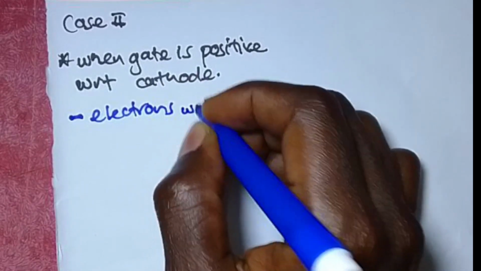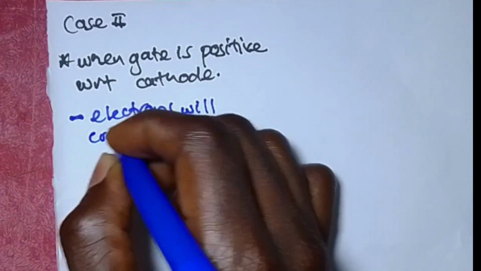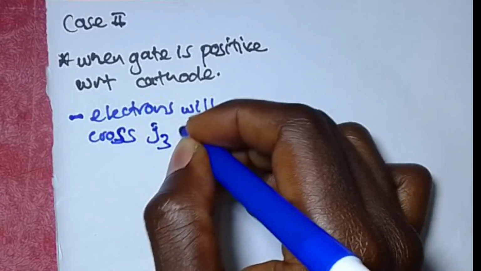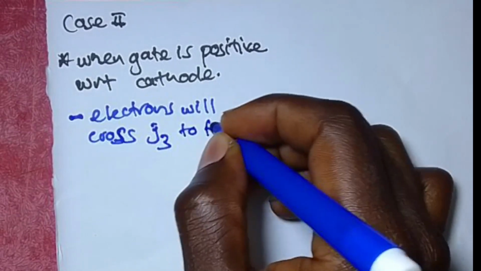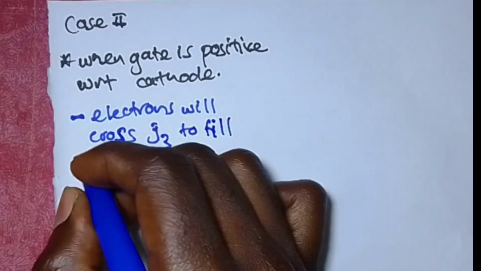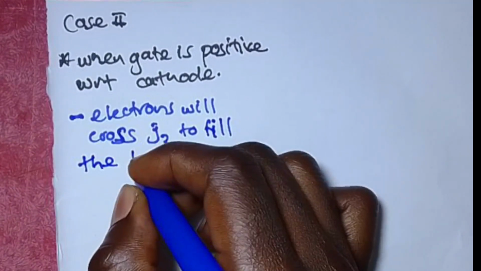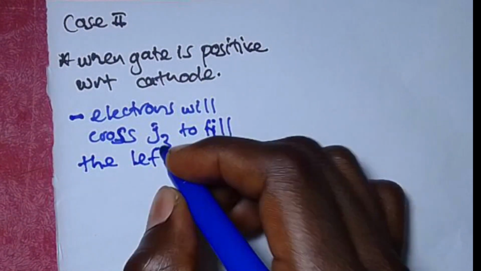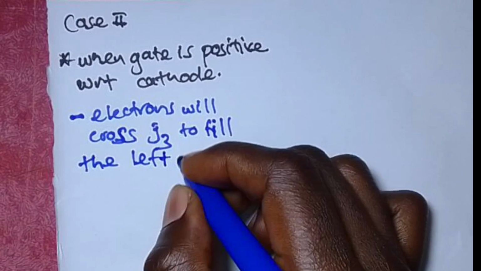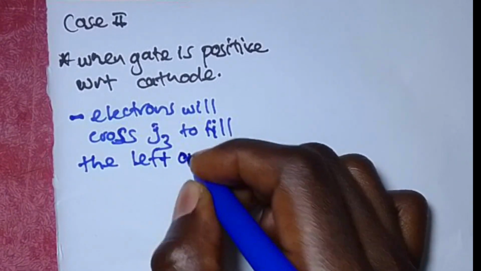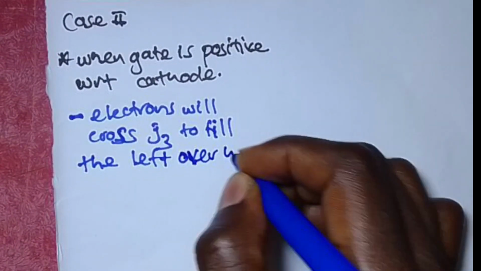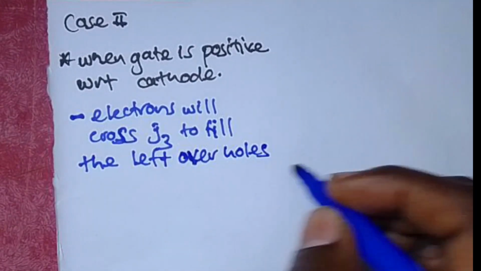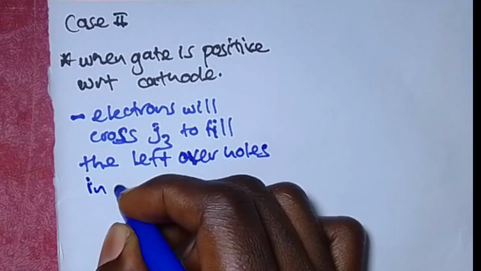will cross junction J3 to fill the leftover holes in the p-type.